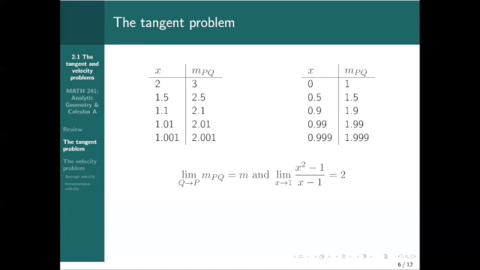And because of that, we have in the second equation in the slide, x arrow 1. That's what it means.